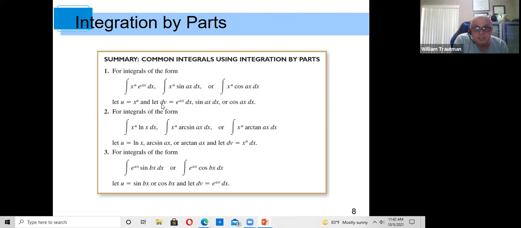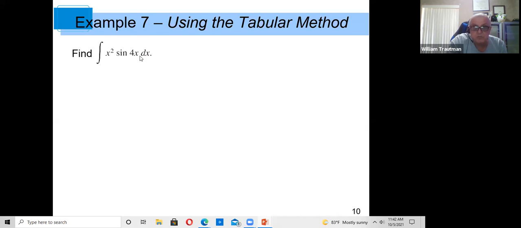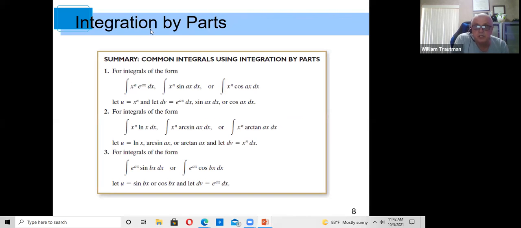See, dv is the sine part. If you have x to a power, dv is the sine part, and if you had e with the sine part, that would be u. But we just have a power.